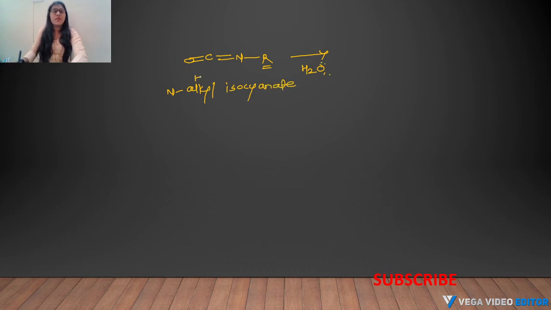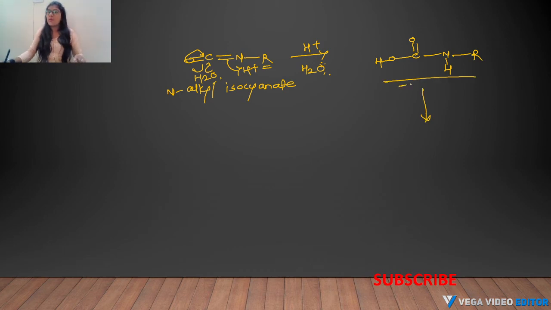Here water attacks this carbonyl carbon of isocyanate, and this nitrogen takes proton from the acid. Here acid hydrolysis takes place, and we get here OH, here NH, here R. What is the name of this compound? Carbamic acid.